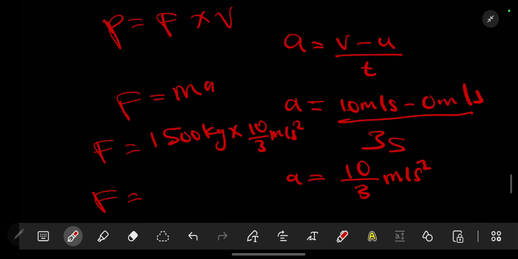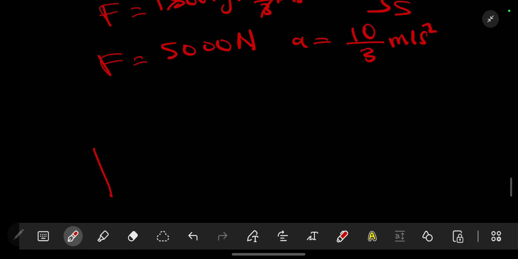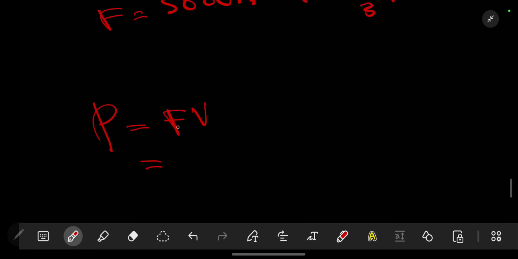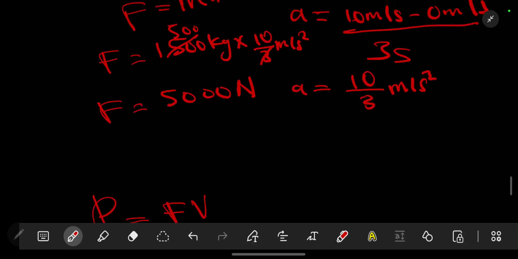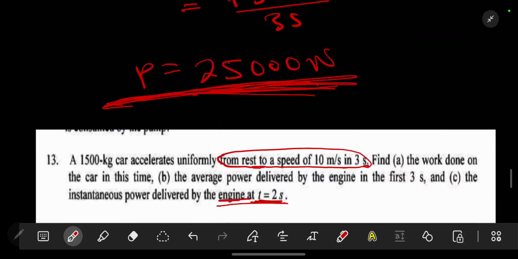This divided by this is 500, times 10, we are going to have 5,000 newtons. So the instantaneous power should be equal to force times the velocity, which will be 5,000 times the velocity, which they have given us as, okay, so there is need for us to know the velocity.